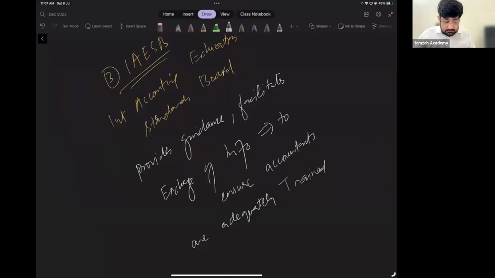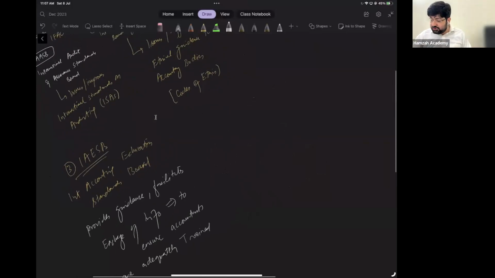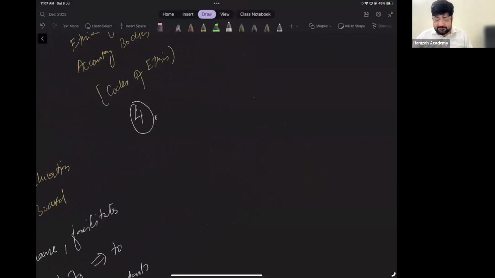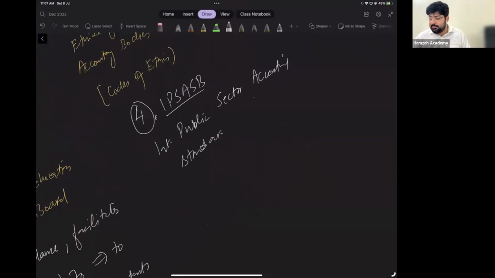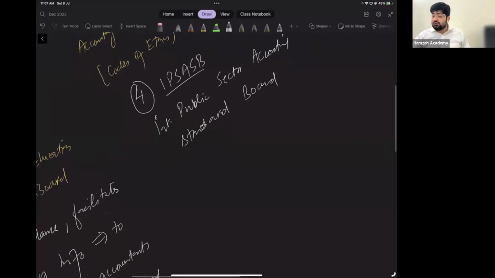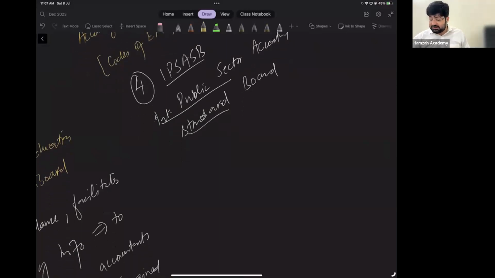Now, then the 4th board of IFAC is IPSASB, International Public Sector Accounting Standard Board. What is public sector? Government organization. Right? Now, students, this board works for what purpose?